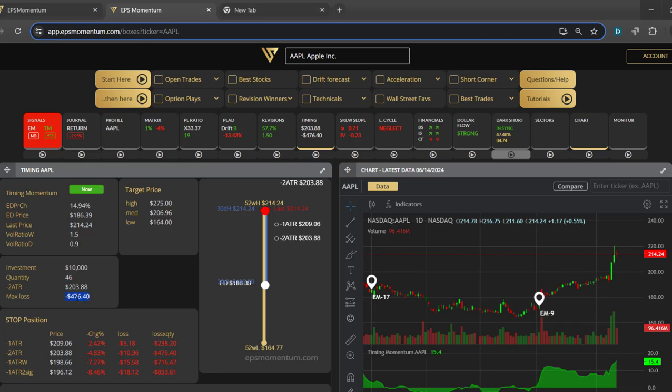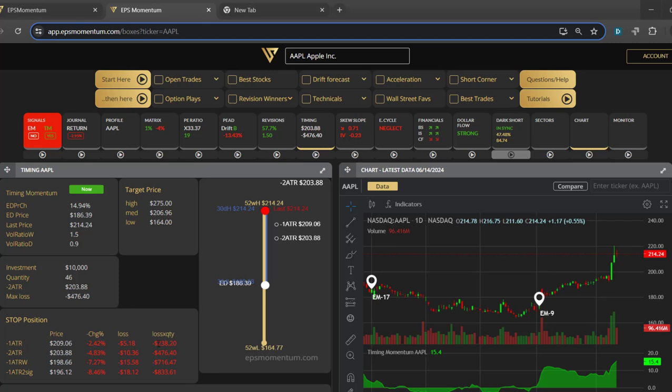The max loss number is telling you that two ATR, where ATR is average true range for the past 90 days, will bring the price down to $203 from $214, and out of $10,000 you will be losing about $476. So it's important to know that potentially I can lose about $500, or $476, on that. And this is helping you place your stop.